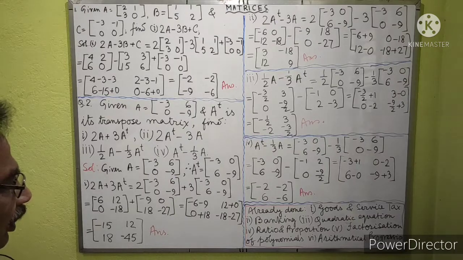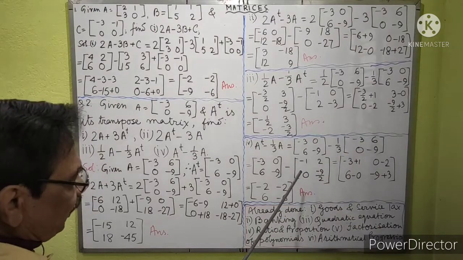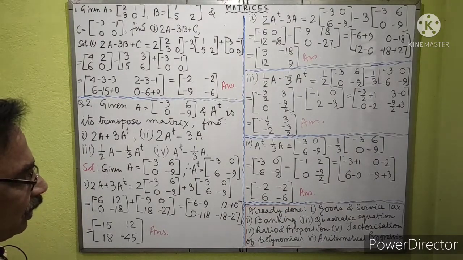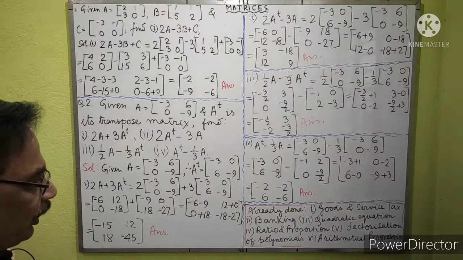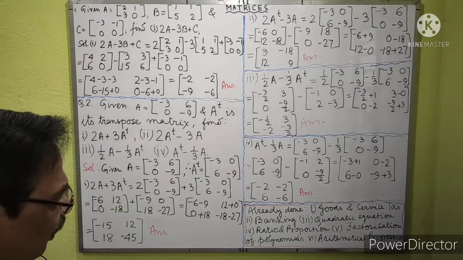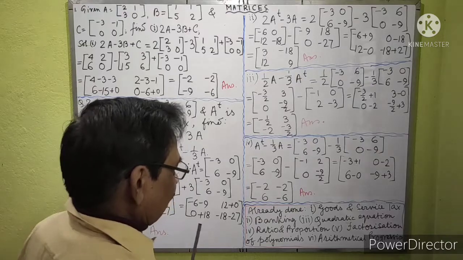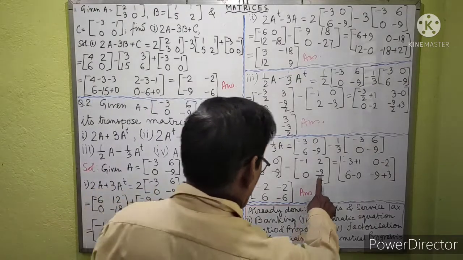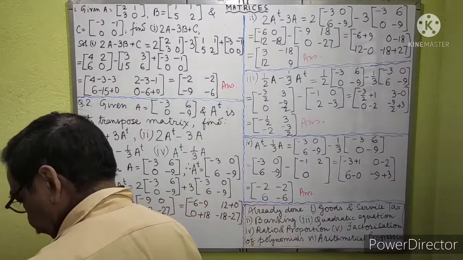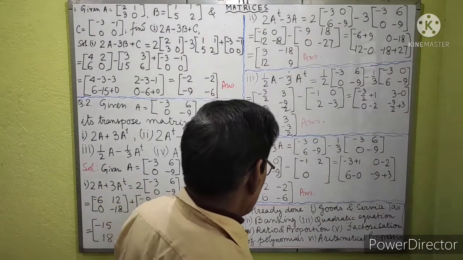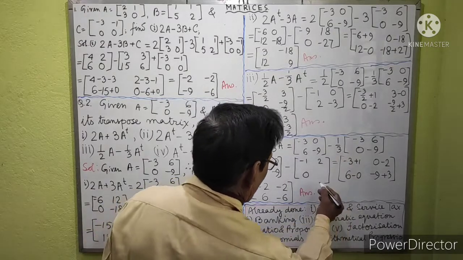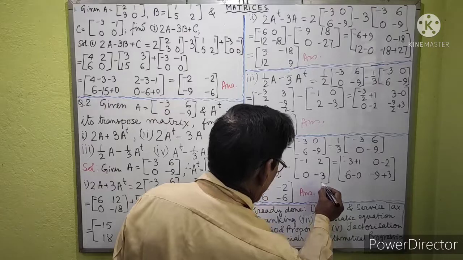Calculating this, we get minus 1, 2, 0, and 1/3 of minus 9, that is minus 3.